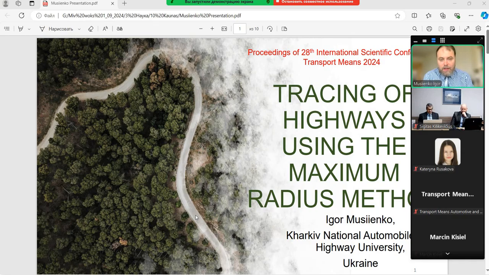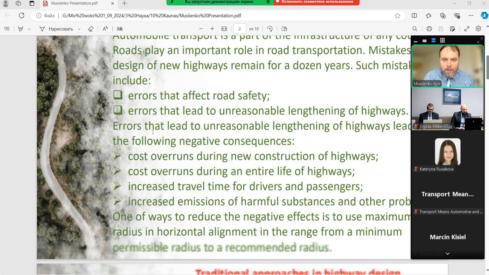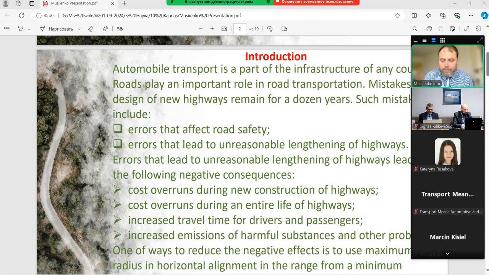Mistakes made at this stage of road construction have a lasting effect for many years, making the motorway less safe and longer.